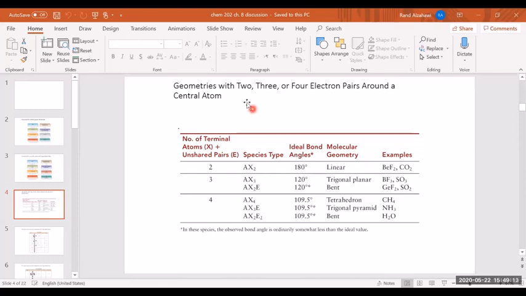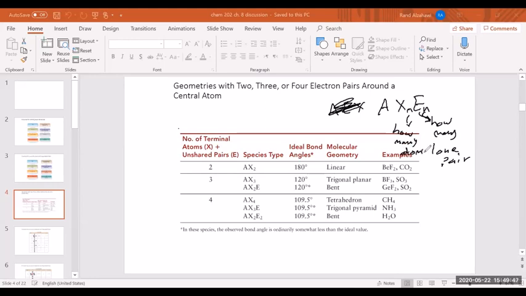The AXE notation tells you how many terminal atoms and how many lone pairs. Let's say this is M, this is N. N tells me how many lone pairs, M tells how many bonded atoms, or terminal atoms, and A is the central atom.